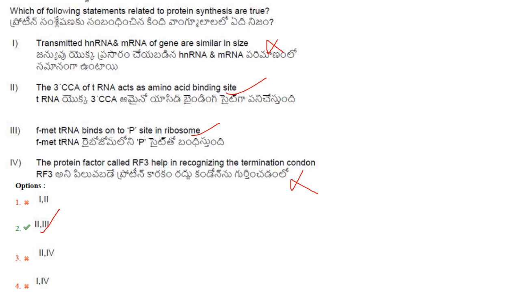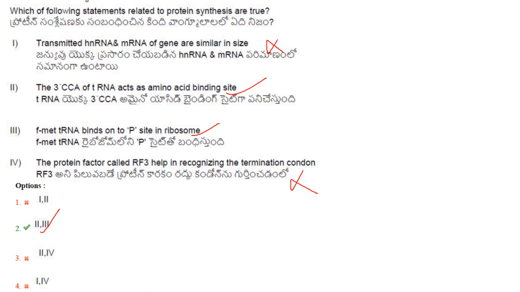Then the CCA of the tRNA acts as amino acid binding site, that is correct. fMet tRNA binds to the P site in ribosome, that's also correct. The protein factor RF3 helps in recognizing the termination codon.